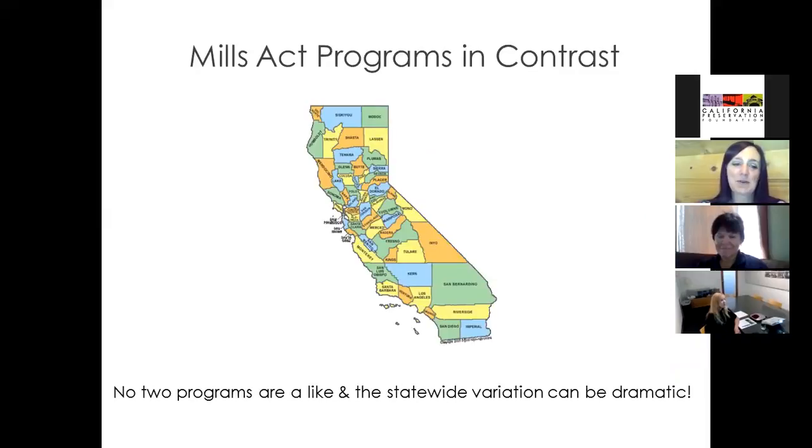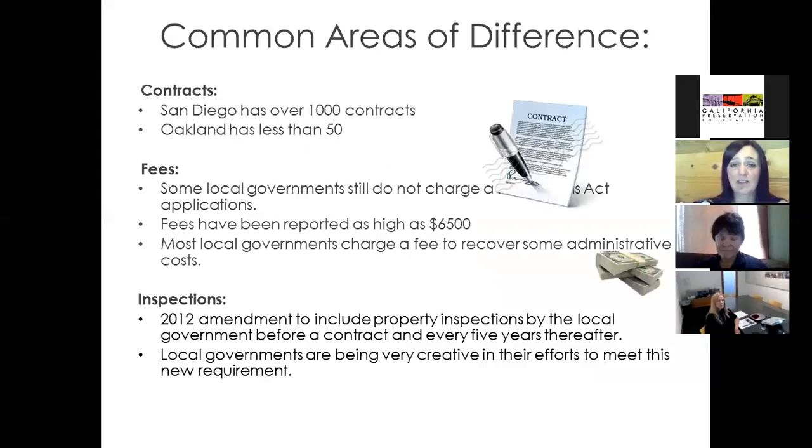So the Mills Act program, in contrast, as funny as it may sound, as many programs as there are out there, there are no two programs that I've come across that are alike. And it's amazing to me, even amongst communities that are fairly similar in size and scope, size of the local government itself, that there's dramatic variation.